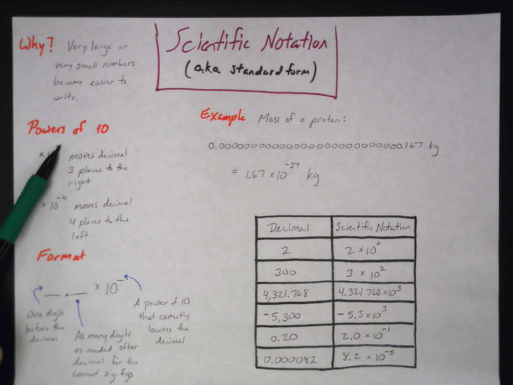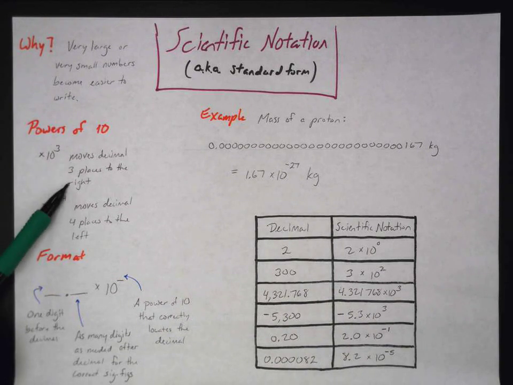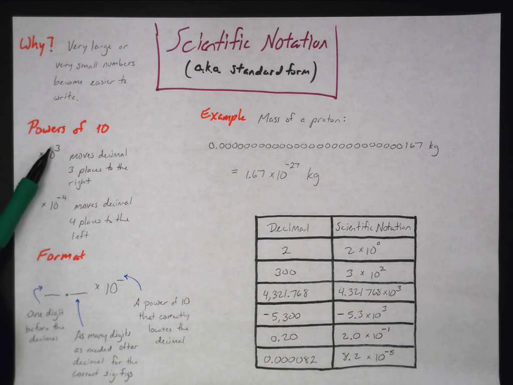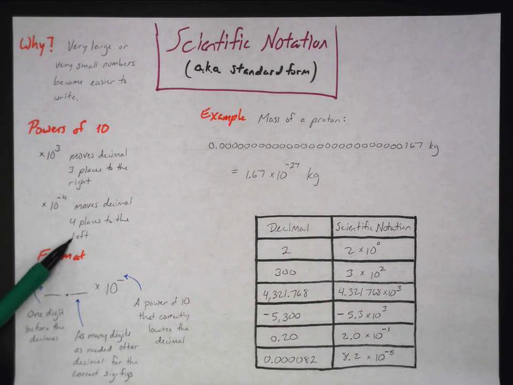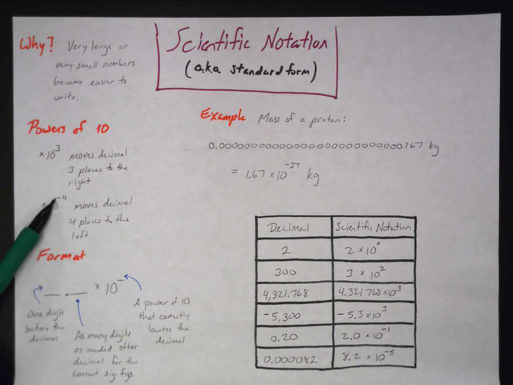So the exponent is positive, so it will move the decimal to the right, and it will move it 3 places. If you are multiplying by 10 to the negative 4 power, that's going to move the decimal 4 places because of the 4, but you're moving it to the left because the exponent is negative. Scientific notation uses powers of 10, and you'll see that.